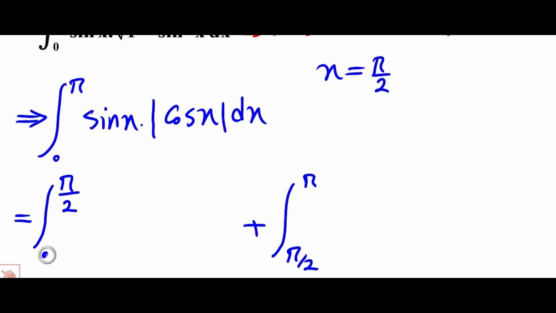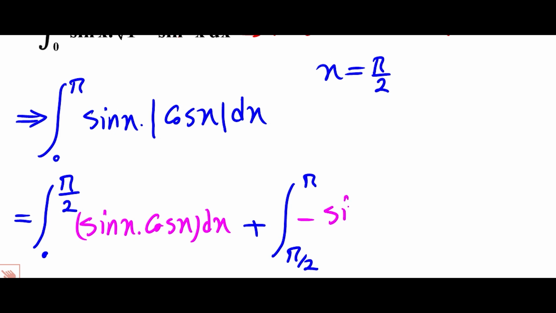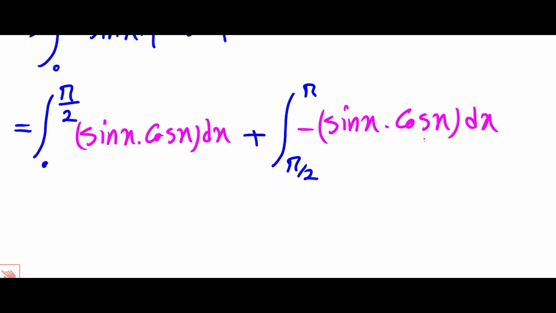When x is between 0 and pi over 2, the sign of cosine of x is positive. So the integral becomes sine of x times cosine of x dx, and when x is between pi over 2 and pi, the sign of cosine is negative. So negative sine of x times cosine of x dx, right?